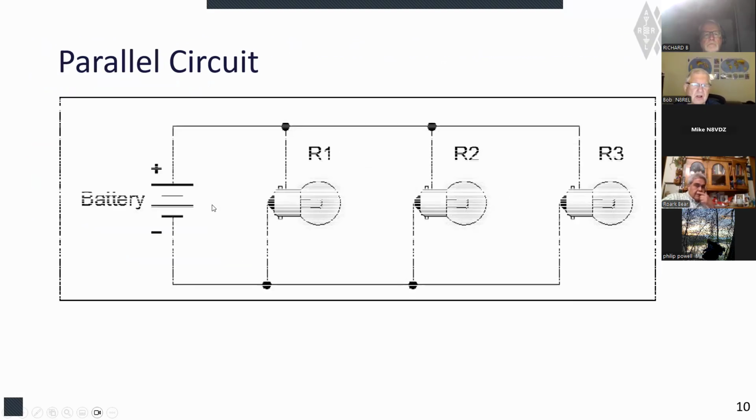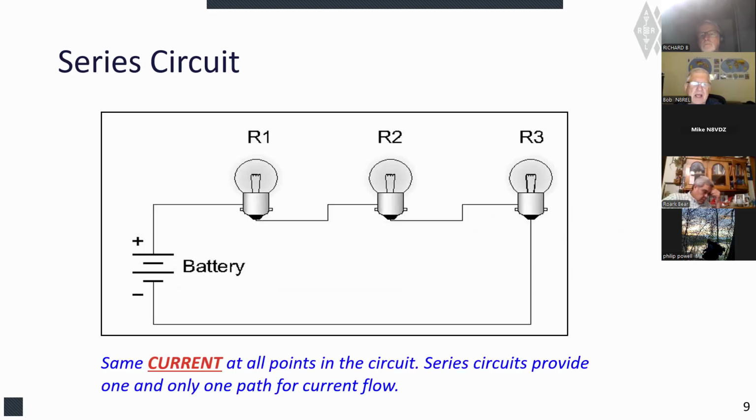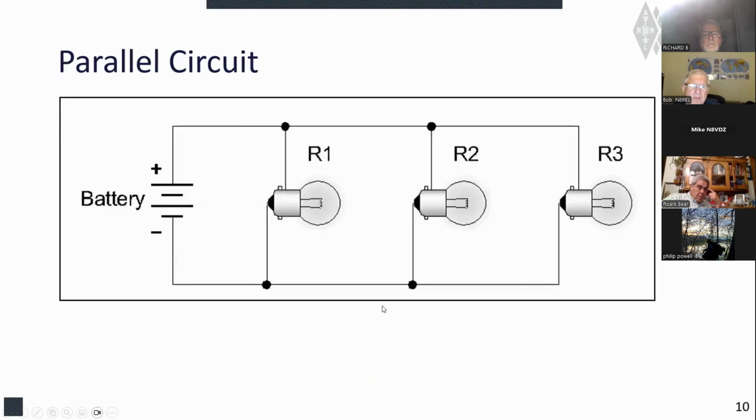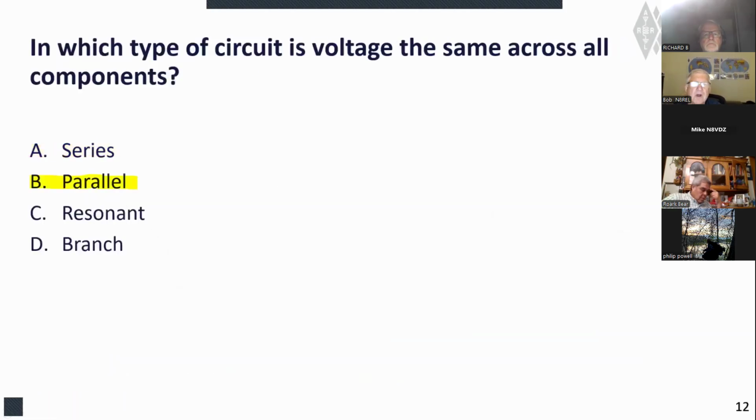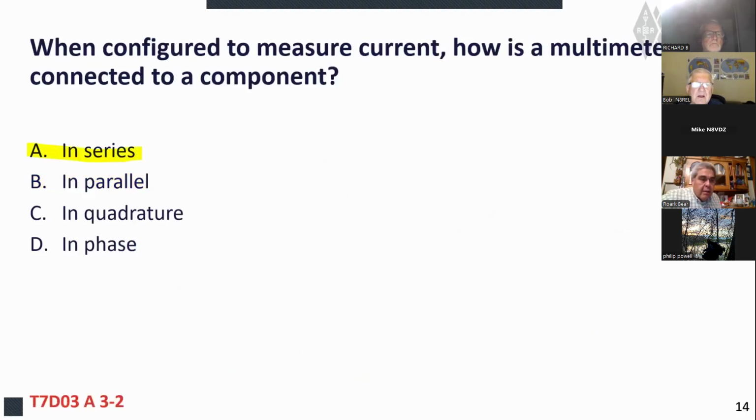You would connect it like this. The next question is probably going to ask, if you want to connect an ammeter to measure current, how do you connect it? You would connect it in series, just like another one of these bulbs here, to measure current in series.